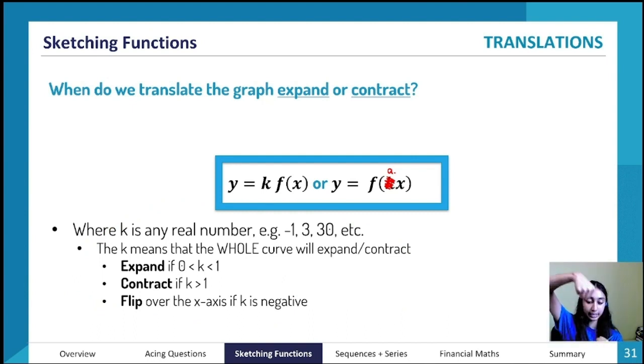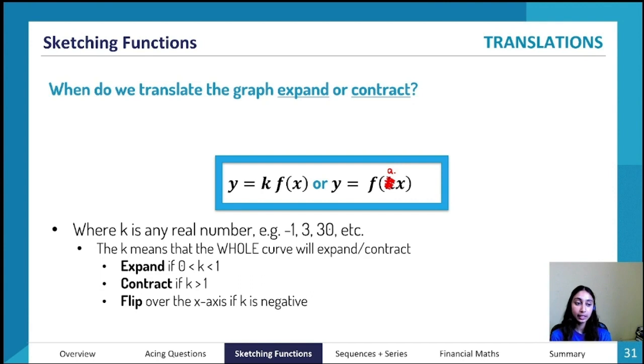So the curve, whatever it may be, is being stretched by a scale factor of k. K can be any real number, between negative infinity and infinity. K means that the whole curve will be expanding or contracting.